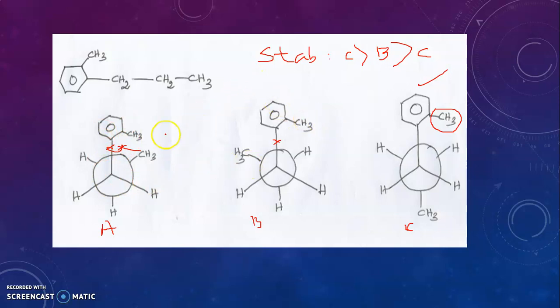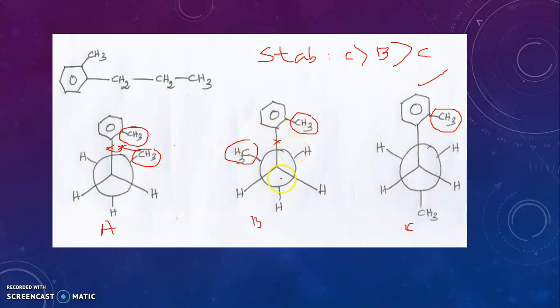In the frozen structure, see, the methyl group at the ortho position and this methyl group are very close. Therefore, van der Waals repulsion exists. Because of van der Waals repulsion, the potential energy of this conformer will increase. Whereas in this conformer, this methyl group and this methyl group are far away, so van der Waals repulsion is absent here.